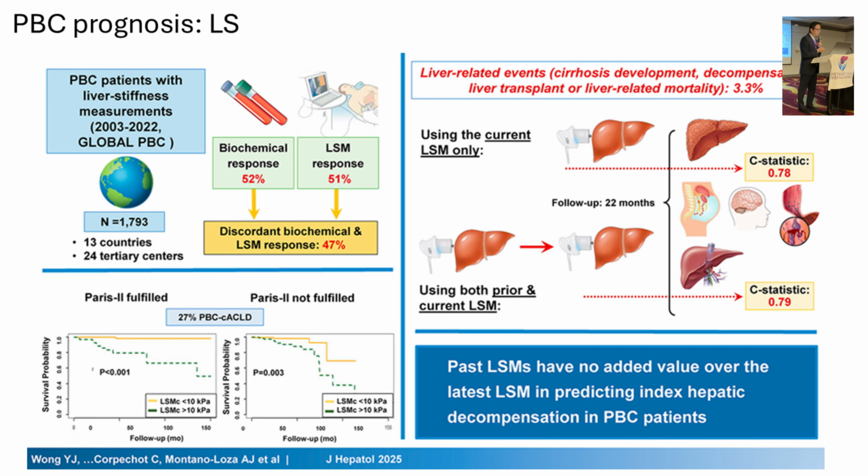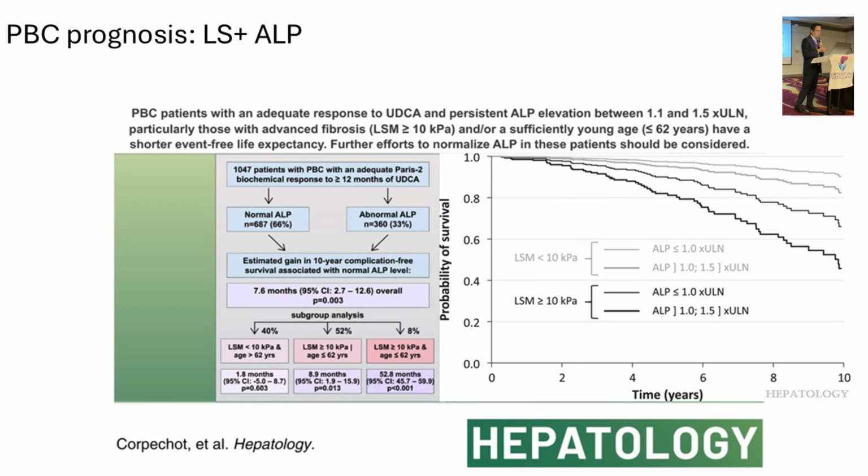So this helps us understand, when we see a patient in the clinic, what markers you can use to explain to the patient the stage of their disease as well as the rate of progression. So liver stiffness plus alkaline phosphatase. This study demonstrated the usefulness of such an approach.